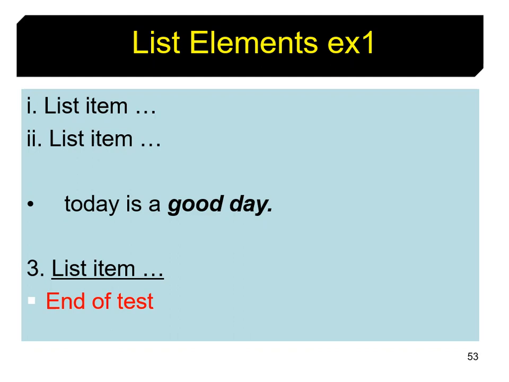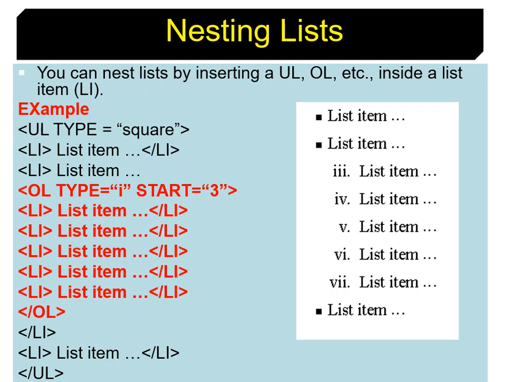Moving on. Apart from our definition lists, we also have nested lists. Nested lists are created by inserting an ordered list or definition list inside of each other. For example, notice the example on the board. Here we have an unordered list, and the unordered list is ending there.